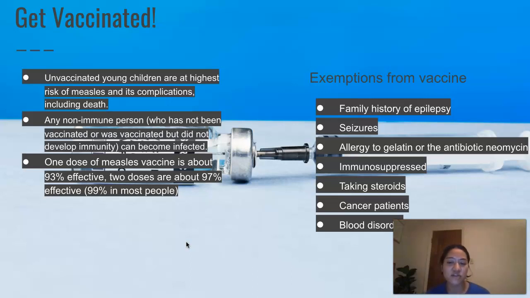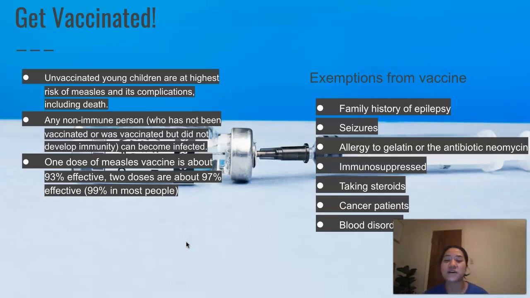Unvaccinated young children are at the highest risk of measles and its complications, including death, as is any non-immune person who has not been vaccinated or for whom the vaccine didn't work. One dose of measles vaccine is about 93% effective.